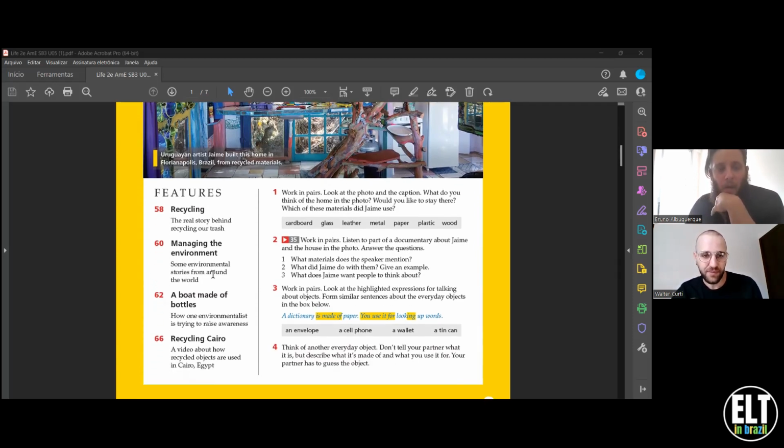Yeah. One thing that caught my attention here too is this list of features. I feel that Life, especially the unit openers, actually the whole series, looks like a magazine. In the unit opener, instead of learning objectives, you have featuring, kind of like featuring articles in a magazine.